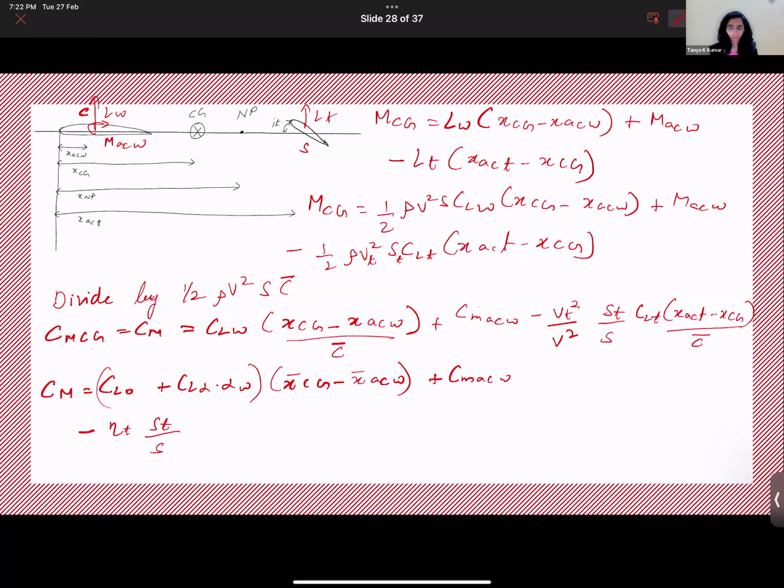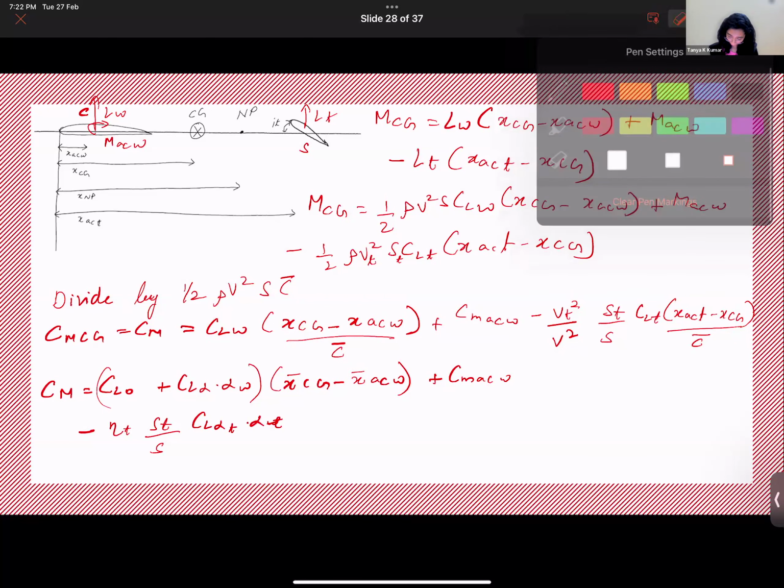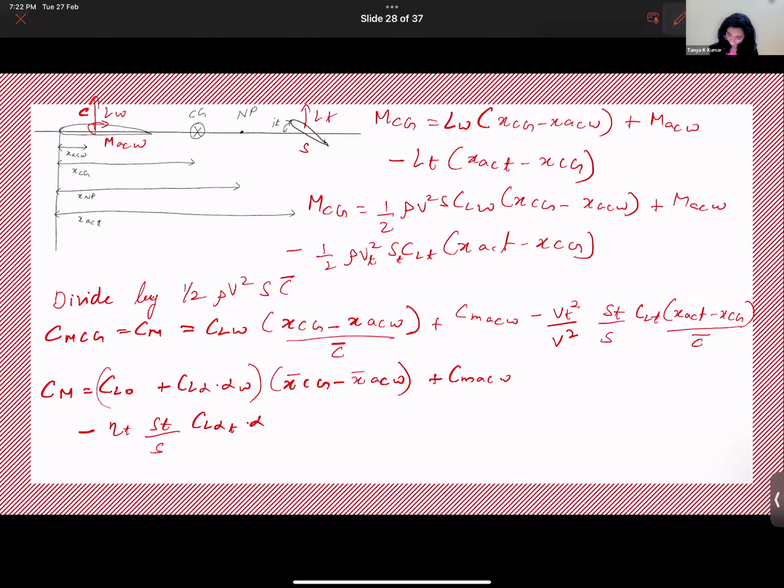So it'll just be CL alpha into alpha, correct? CL alpha tail into alpha tail. Let's write that clearly. The distance is the same, so it's X bar AC tail minus X bar CG. Have we missed any term? No. Okay, so now we need to expand this further.